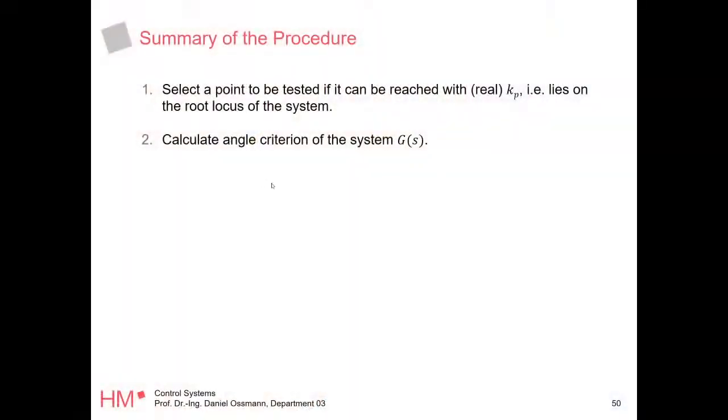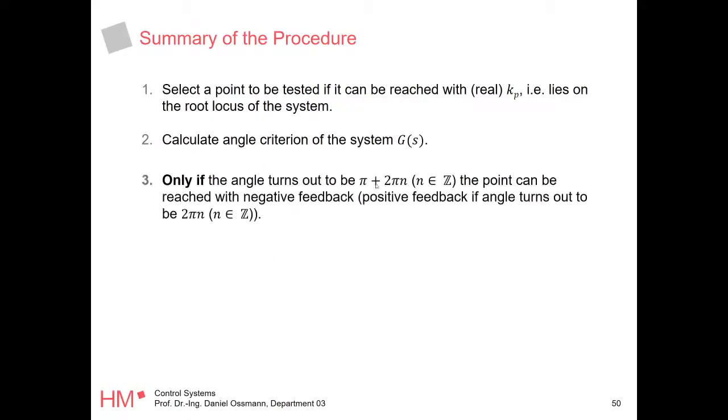That's it. In case the angle is minus 180 degrees or 180 degrees and so on, so pi plus 2 pi times n, then we know that the gain is real, and then we actually calculate our proportional feedback gain.